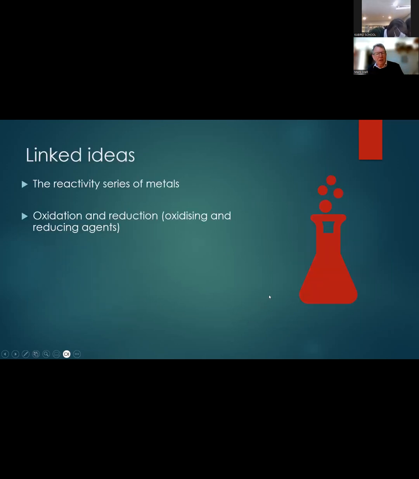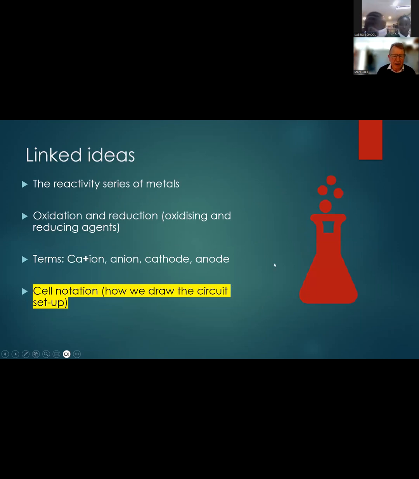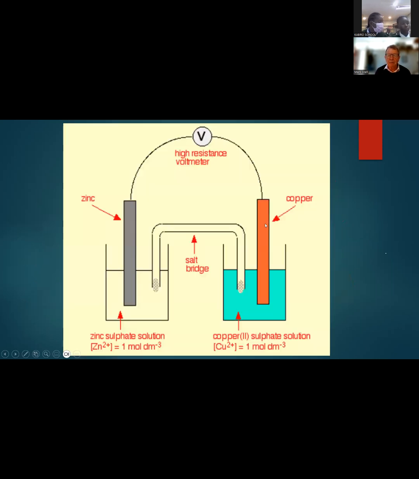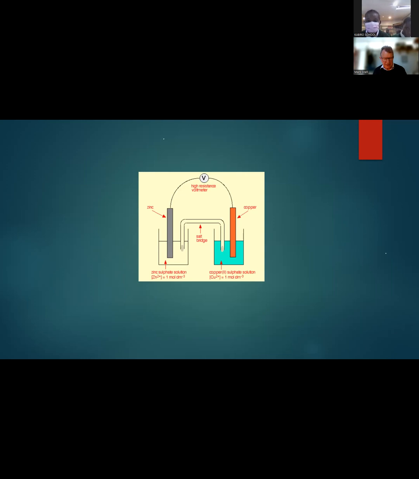Okay, the next bit that you need to know about is cell notation. In other words, how we draw the circuit. Here is a circuit with two what we call half cells attached to each other. It might be useful to draw it in just a minute, but not quite as detailed as this. I'm going to show you how we do this.